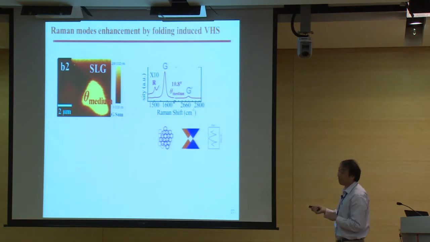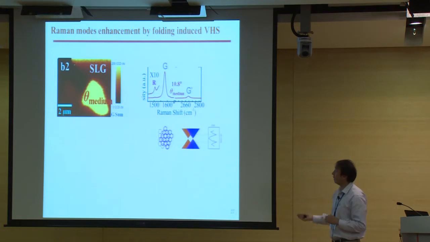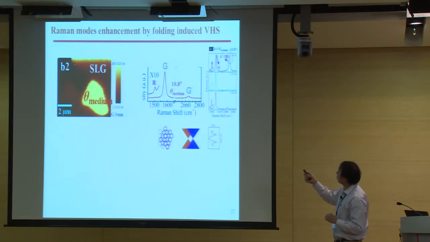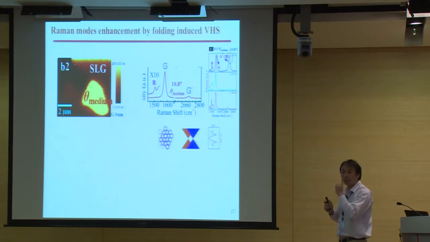So what happens here is that at these special twisting angles, they form a van Hove singularity, and that enhances the G peak. If you look carefully at the 2D or G prime peak, this time it is no longer a single symmetric peak. It will split. We explained this.